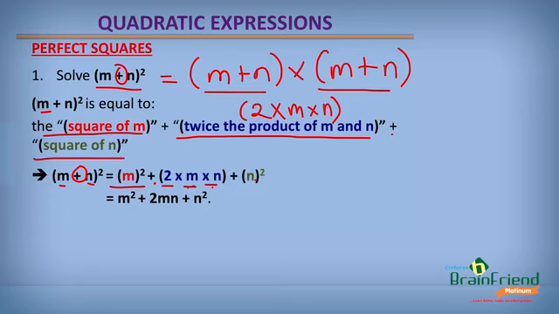And once we expand this, we have m squared plus 2 times m is 2mn plus n squared. So this is the expansion of m plus n all squared. Because m plus n is a perfect square, the expansion is m squared plus 2mn plus n squared.